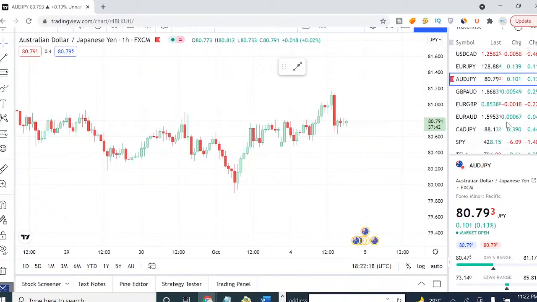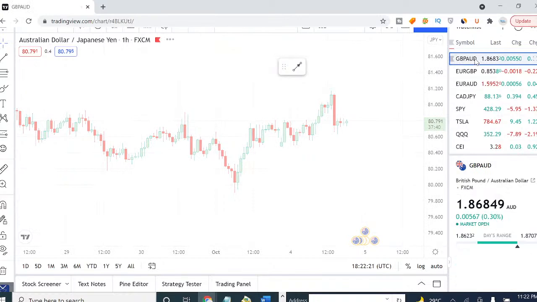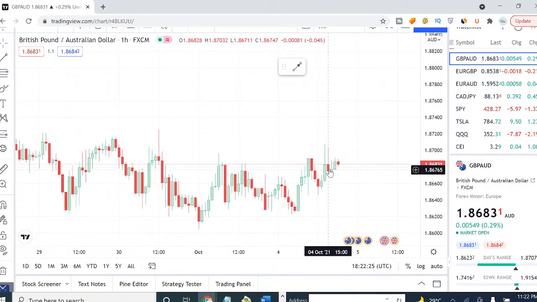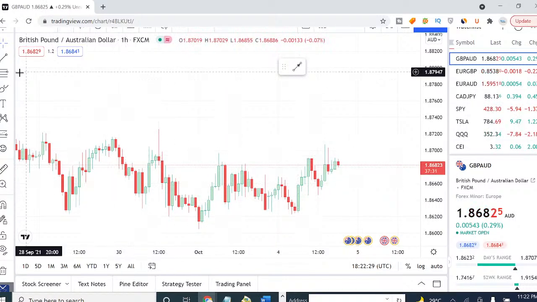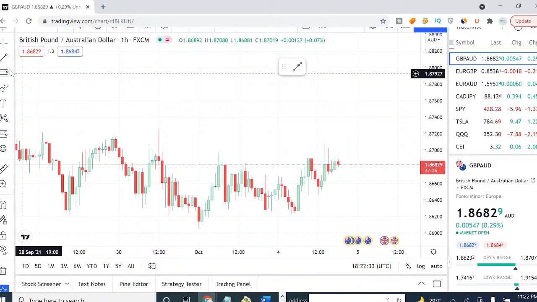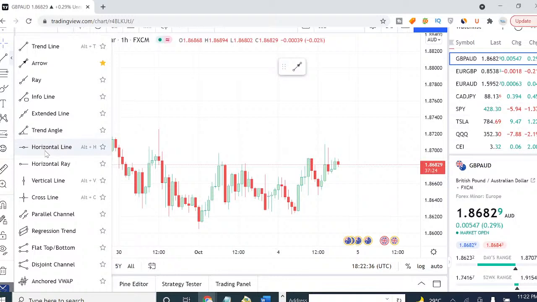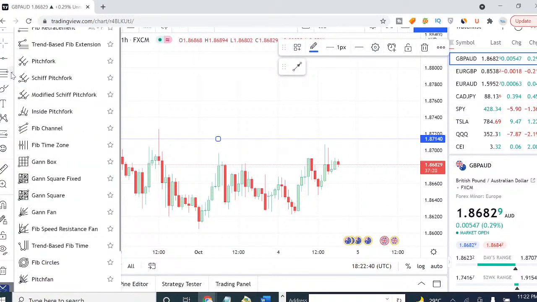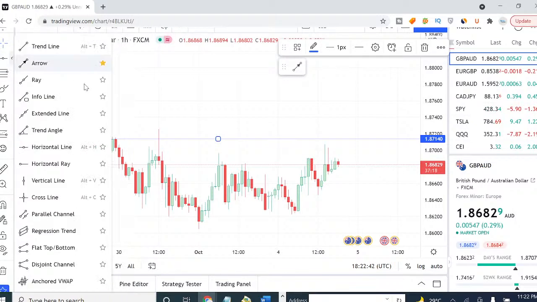Okay, next we have Great Britain pound AUD. So guys, make sure of one thing, look here. If I put two lines so that you can understand it in a wiser way, because that's a very important thing. I just see new subscribers who trade like this, and this is not good for their trading health.